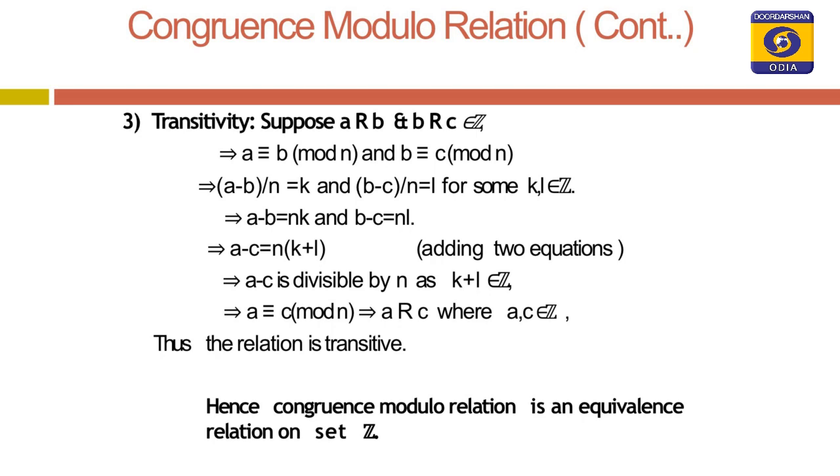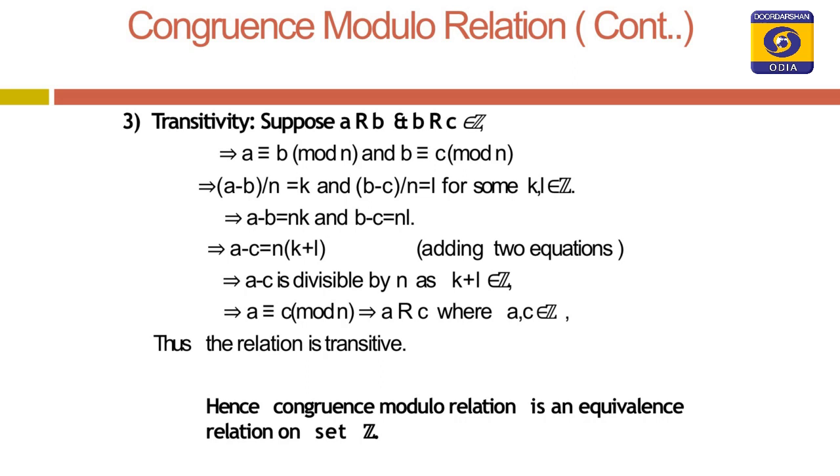A is congruent to B mod n means A minus B is divisible by n, and B is congruent to C mod n means B minus C is divisible by n. That means, A minus B by n is some integer K and B minus C by n is also some integer L.